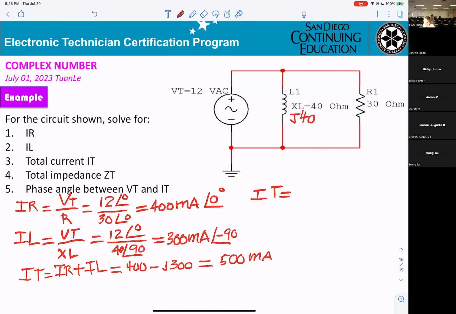Then for ZT, you would get VT over IT. Oh, you've got to get the angle first.